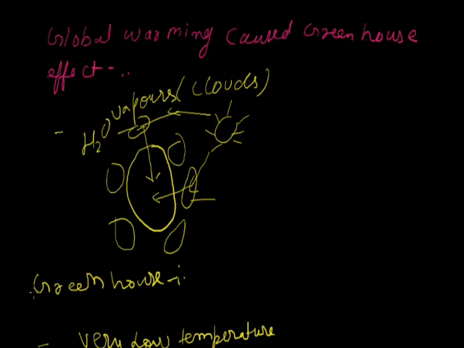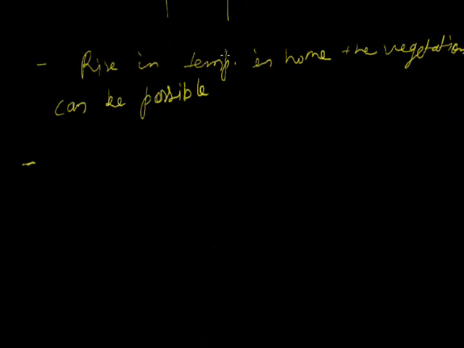Initially we discussed how heat comes from the sun to the earth, trapped by water vapors in the form of clouds. Then let us discuss how the greenhouse effect is used as a term for pollution.